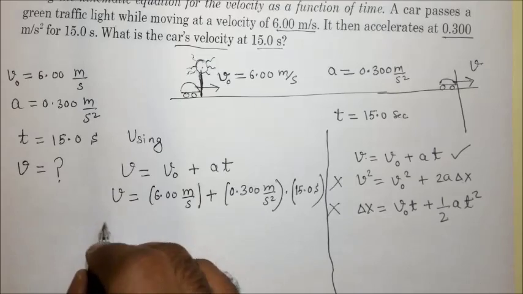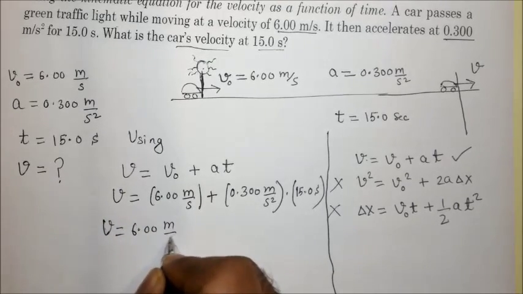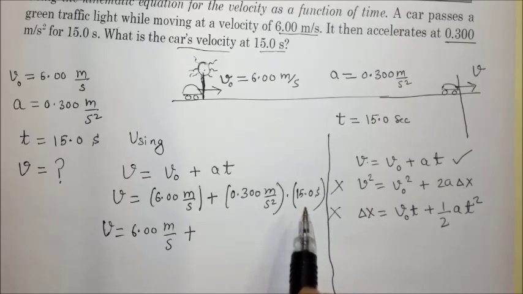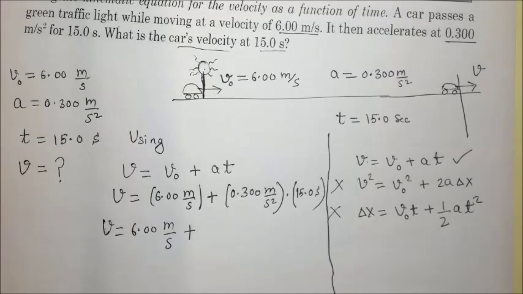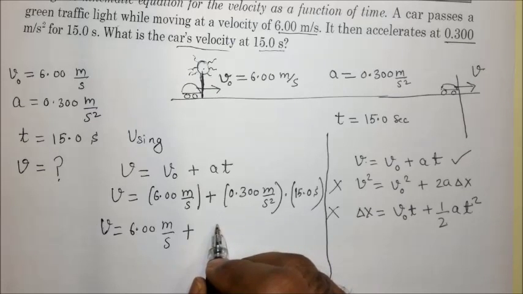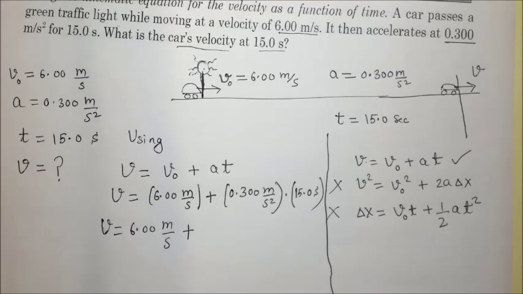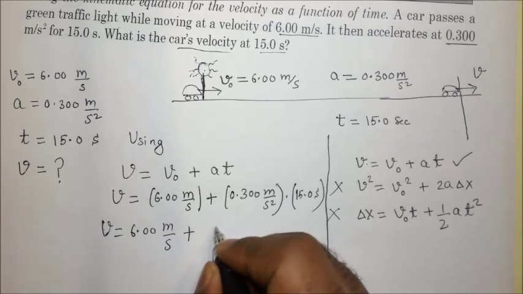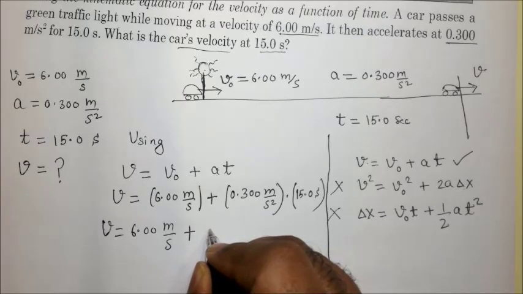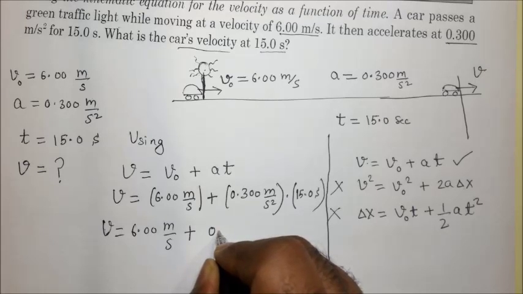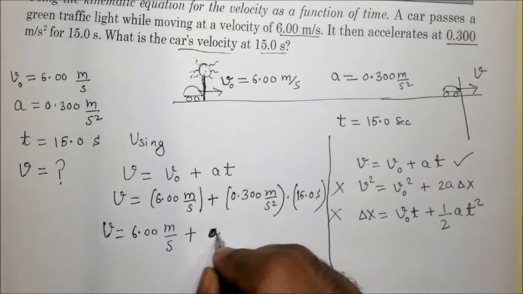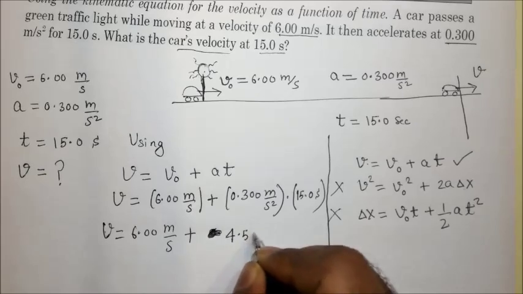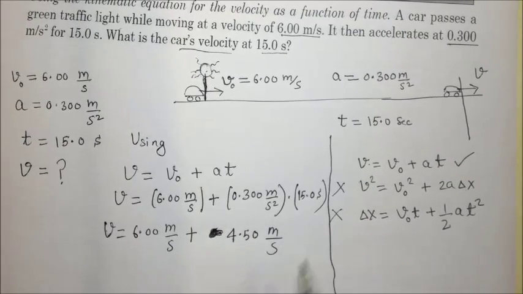Let's see what happens. V final is equal to 6.00 meter per second plus 4.50 meter per second, if you multiply these numbers.